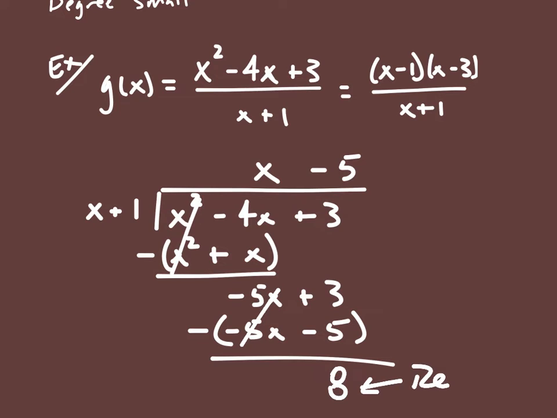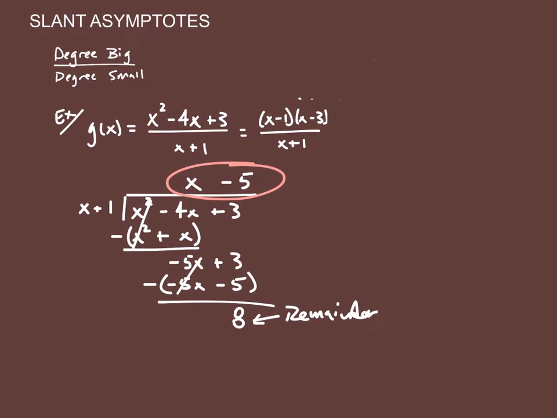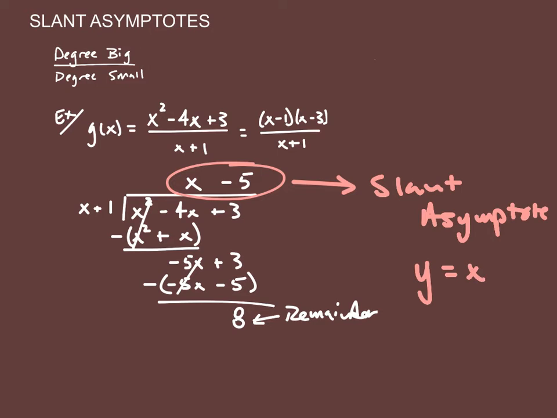That's our remainder. The reason I do this is because when we do this division, this is our quotient: we get x minus 5. This is our slant asymptote, and that's the equation y equals x minus 5.